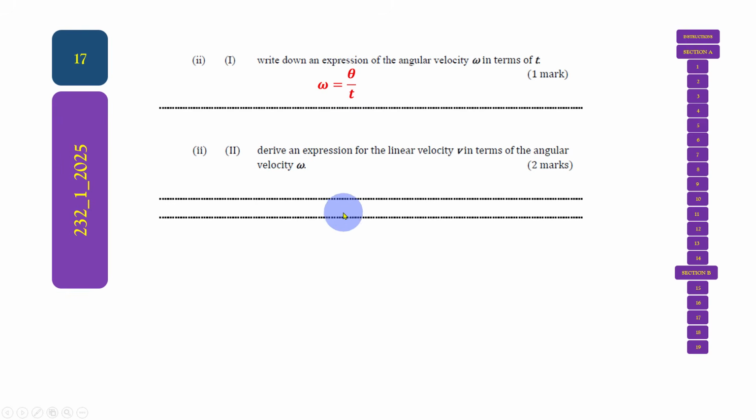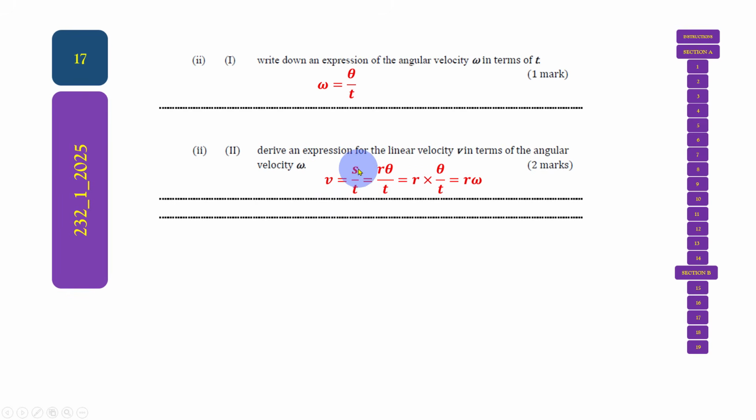Okay, and then the next one is to derive an expression for the linear velocity v in terms of angular velocity. So we start by defining linear velocity, which is the linear displacement divided by t.